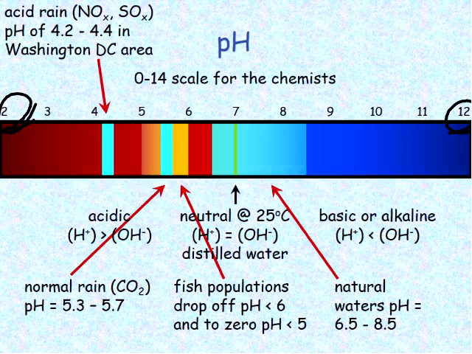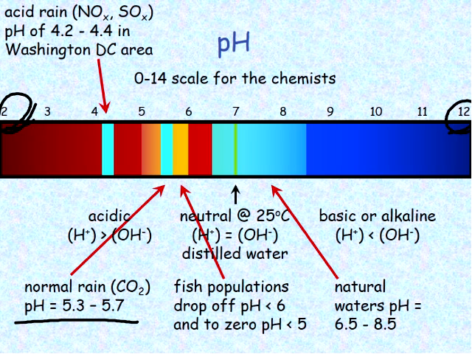Normal rain. Go outside, there's rain. Look at the pH. Is that basic or acidic? This is not hard. This is neutral. If it's on the left side, it's acid. On the right side, it's a base.